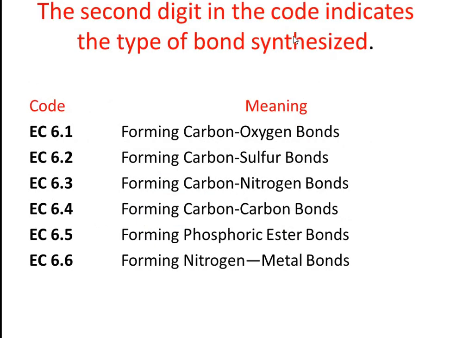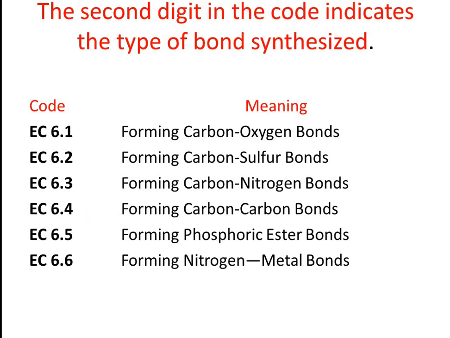The second digit in this code indicates the type of bond synthesized. For example, 6.1 indicates carbon-oxygen bonds get synthesized. 6.2 indicates carbon-sulfur bonds get synthesized. If carbon-nitrogen bonds get synthesized, then it is indicated by second digit 3.